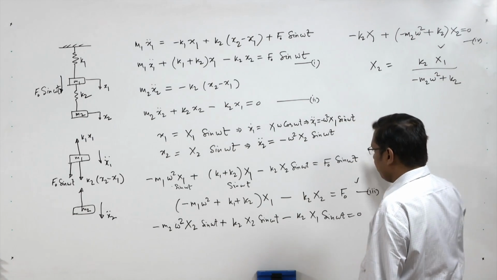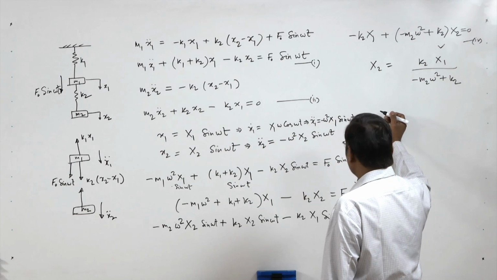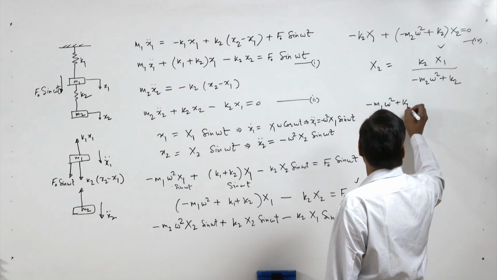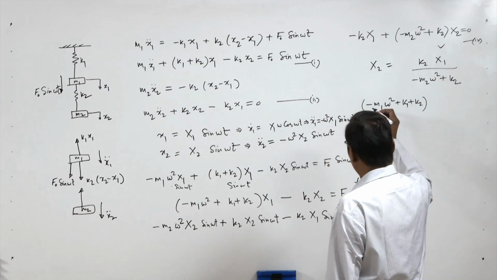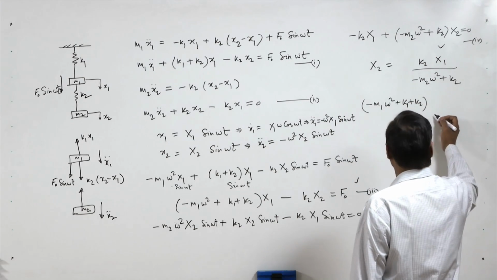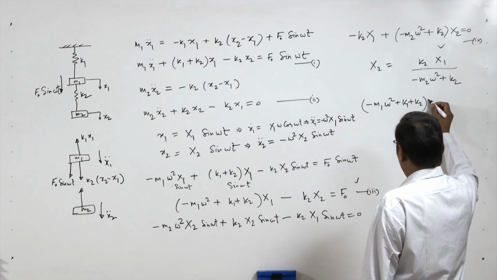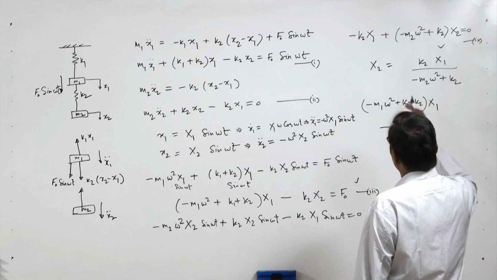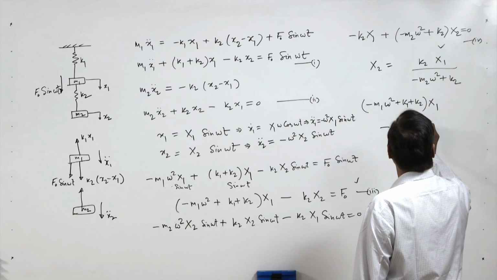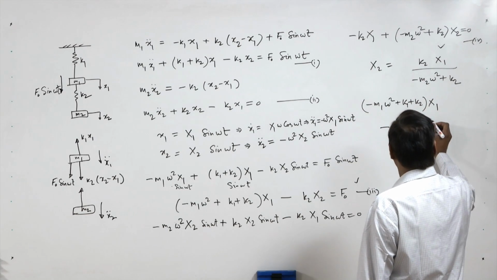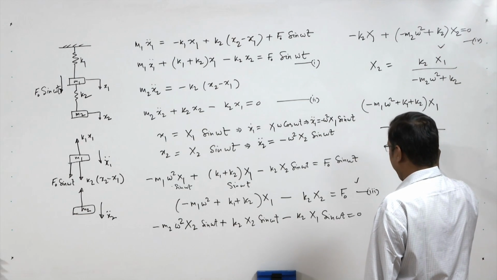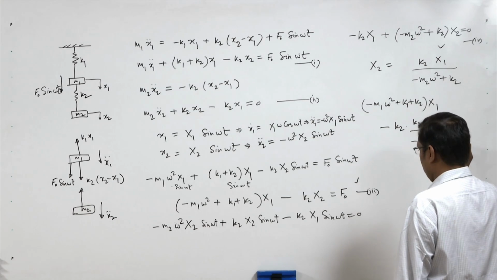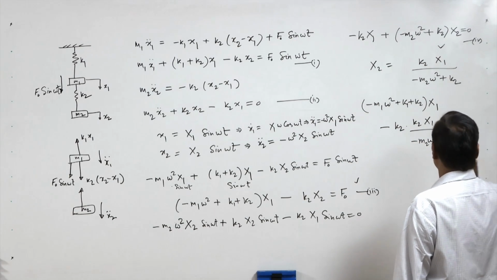So we have (minus m1 omega square plus k1 plus k2) X1 minus k2 into X2, where X2 is k2 X1 by (minus m2 omega square plus k2), and that is equal to F0.